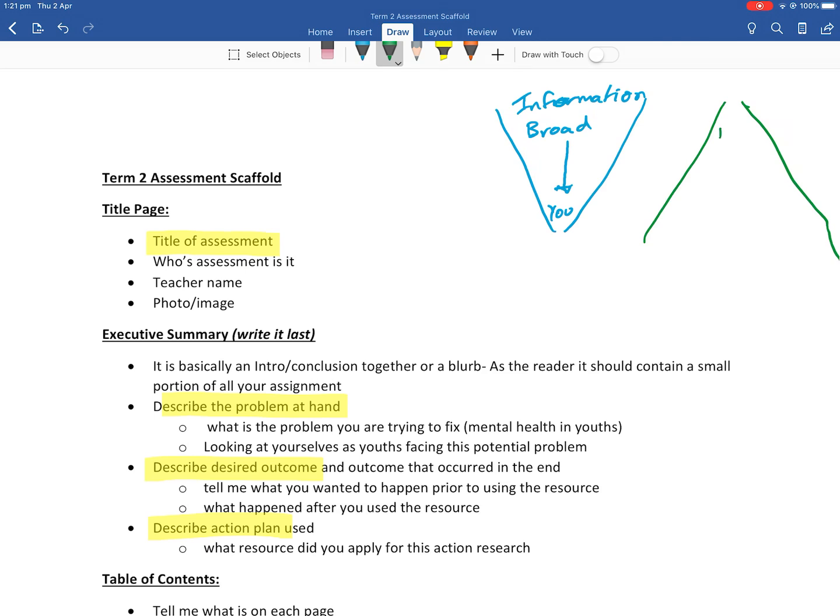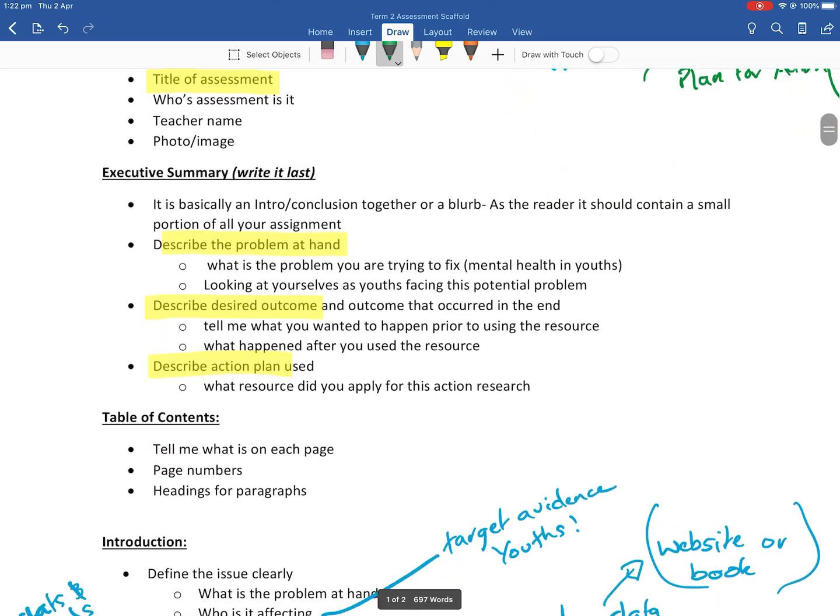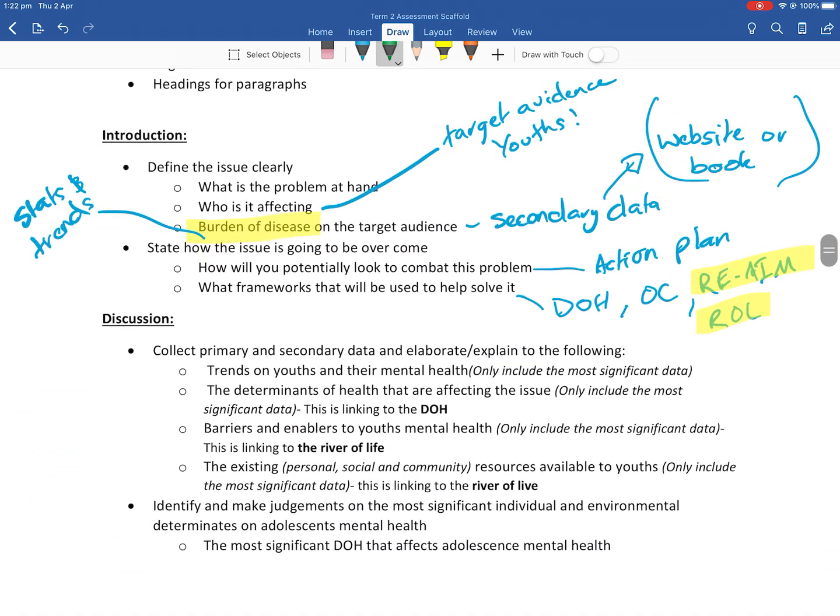At the top we have our intro. As you can see, it's small, that's the tip. And towards the bottom, we have our plan for action. As the report travels downwards, we want more words in our discussion and our plan for action than was in our intro. So our introduction should not be our biggest section of the assessment.